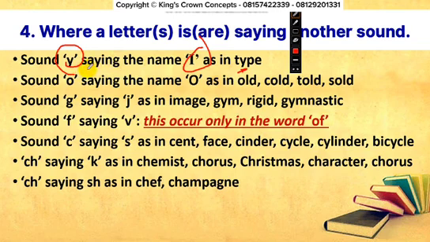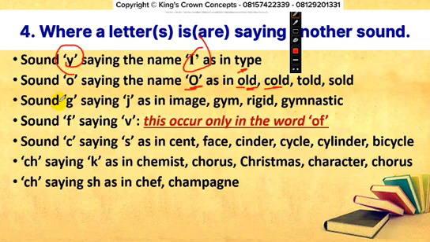For the sake of it, I don't want to have plenty of them here. You can just check on your Google and say sound ye, saying the name I, as in type, and to give you examples. We have prototype. You understand? So sound or, saying the name O, as in old, cold, told.